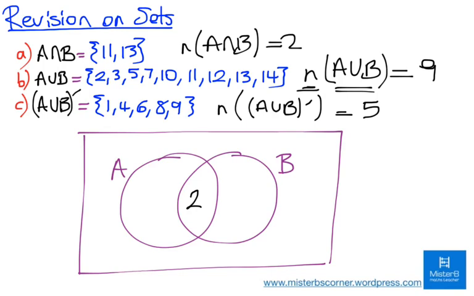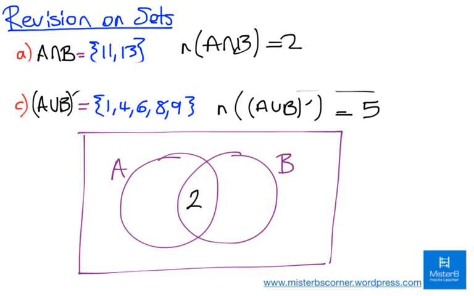Now, of course, I can't just write 9 anywhere, but I have to go back and check the number of elements in A. So basically, I would ignore this bit, and I'm going to write the number of elements in A is, well, it's 2, 3, 5, 7, 11, and 13, so it's 6.